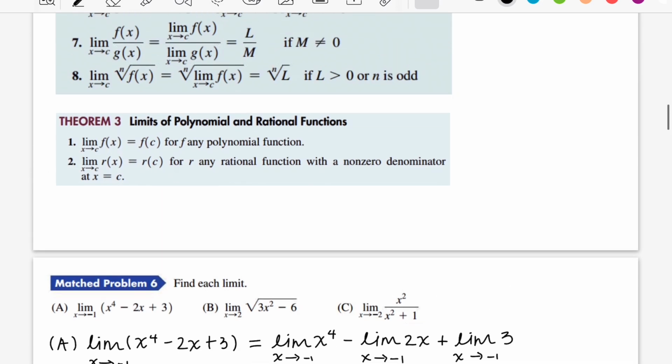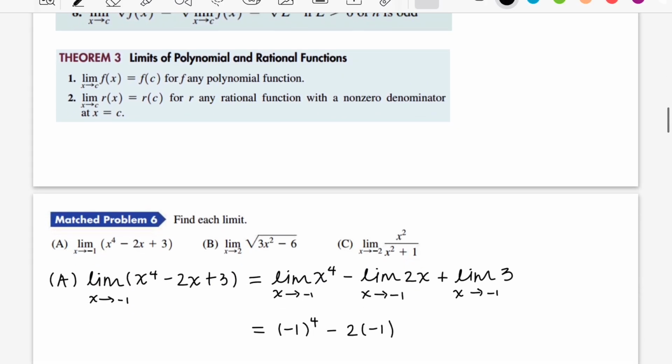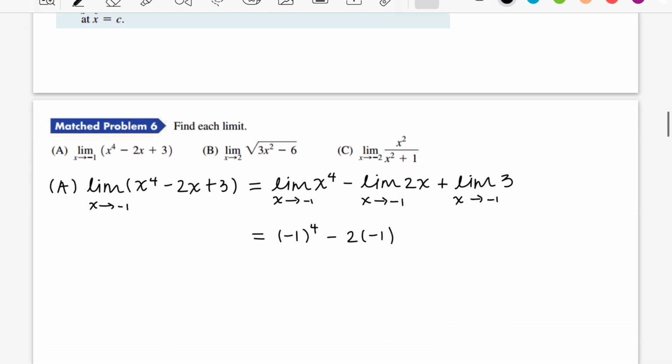And then another property here is that if we're ever taking the limit of just some constant k, that's just going to be equal to k. So the limit of 3 as x approaches -1 is just equal to 3. All right, then we know -1 to the 4th power is 1, and then we know that -2 times -1 is 2. So we get 1 plus 2 plus 3, and we get 6.